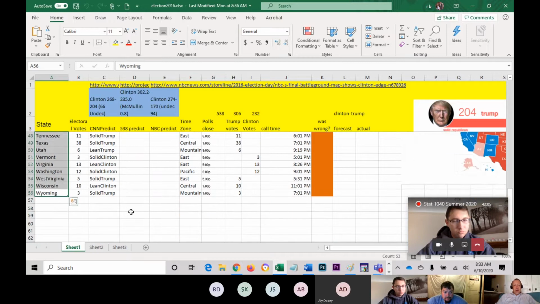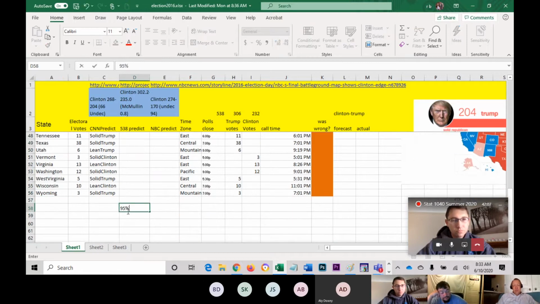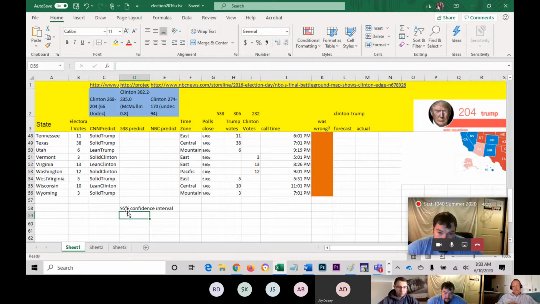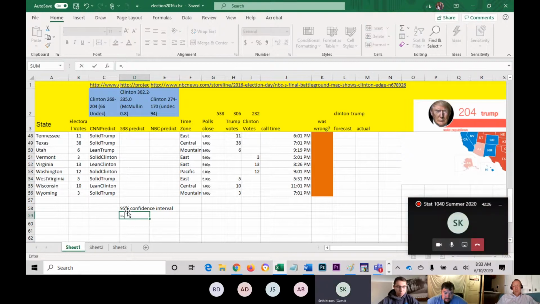So if we were doing a 95% confidence interval, how many states would you expect them to be correct on, and how many would you expect them to be wrong on? You would expect 95% to be correct. 95% of the 53 states would be about 50 states.